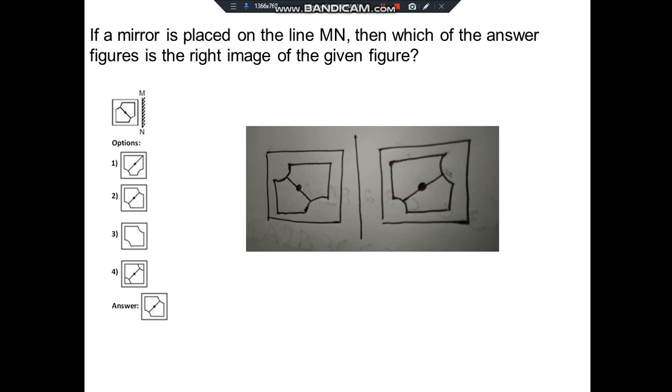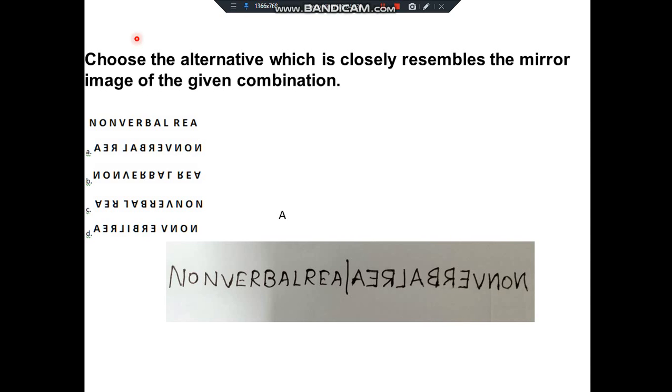Next is an alphabetical question. See, NON-VERBAL RIA. As there is no mirror placed here, we should consider it being placed on the right side. On placing the mirror on the right of NON-VERBAL RIA, we get the first letter as A. Considering that, we can neglect option B. Next, we get the same A. As I told you, the capital A remains the same even in your mirror image.